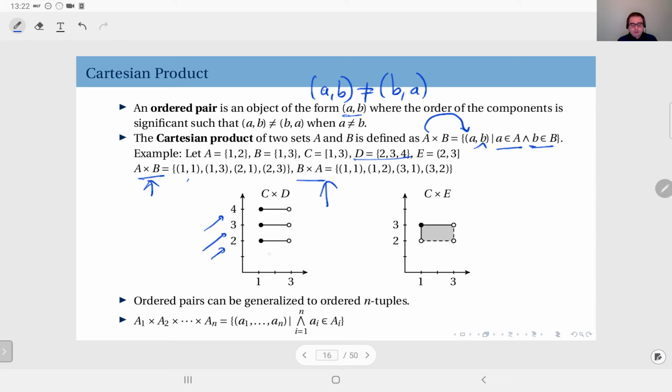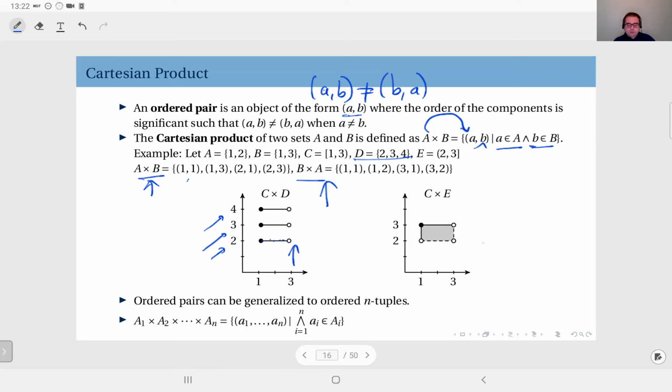And you see, I have mapped the Cartesian product of C and D here in this graph. As element 1 is included in C, it's going to be included in the ordered pairs, but 3 is not an element of C, so it's not going to be included in the ordered pairs, and all the points in between will define the ordered pairs here.